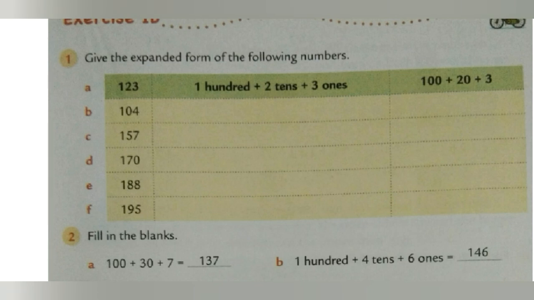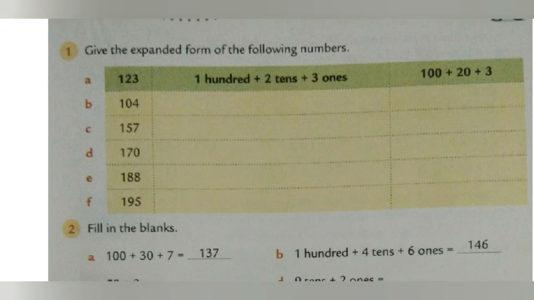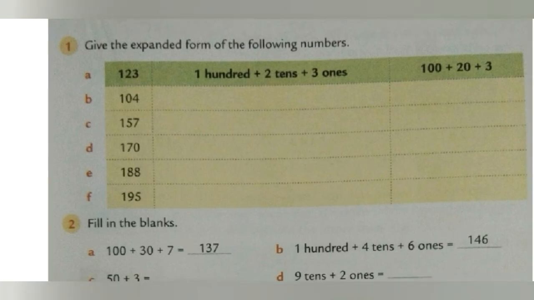And in the next column, it will be written as 100 plus 20 plus 3. Let's check F. What is the number? 195. How it will be written in expanded form? 100. You have to write the spelling of 100 here. Plus 9 tens plus 5 ones. And in the next column, you can write it like this: 100 plus 90 plus 5.